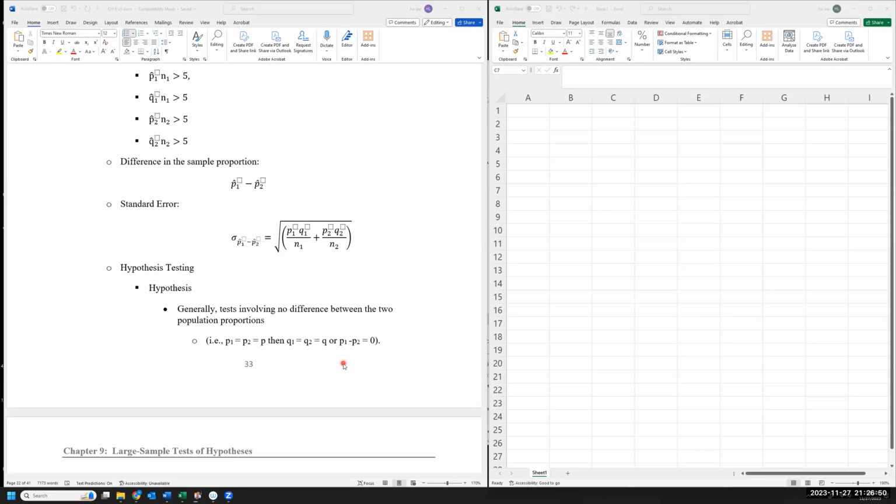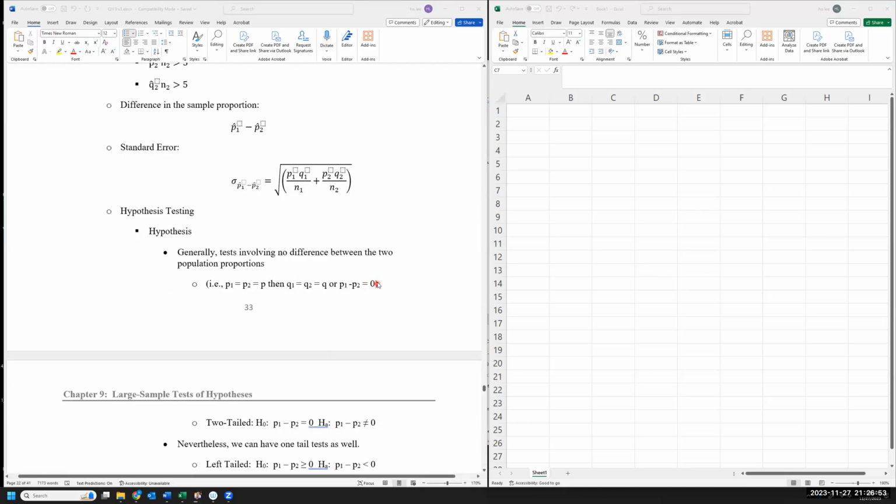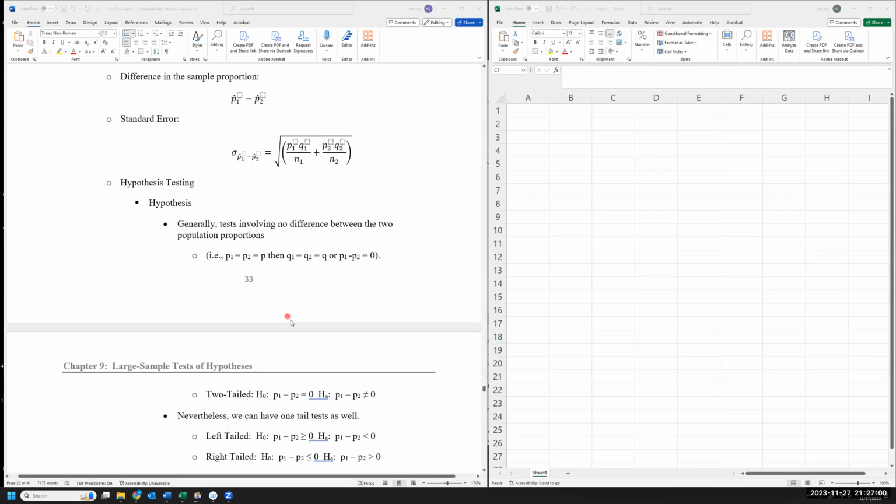So that's what we're going to assume as the hypothesized value, the difference is equal to 0. Now, in this type of situation, if the difference is indeed 0, then P1 is equal to P2 and equal to P. And Q1, which is 1 minus P1, is equal to Q2 is equal to Q. Remember, if there's no difference between P1 and P2, then that means P1 equals P2, okay?